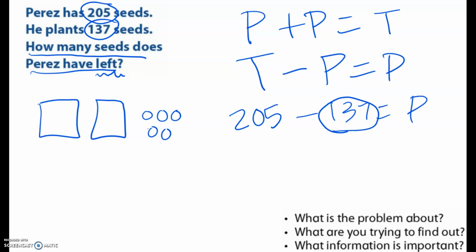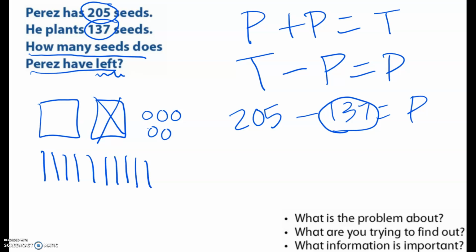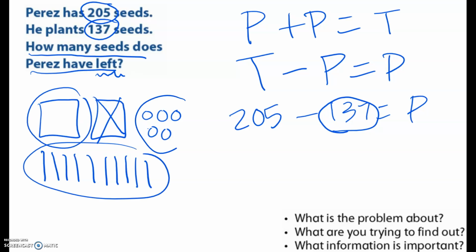So we can't take away 7 ones because we only have 5 ones. And we actually don't have a 10 to break apart. So we have to take this 100 and we have to break it into 10 tens. So then we still have 205 here because we have 100 here, another 100 here, and then 205 here.